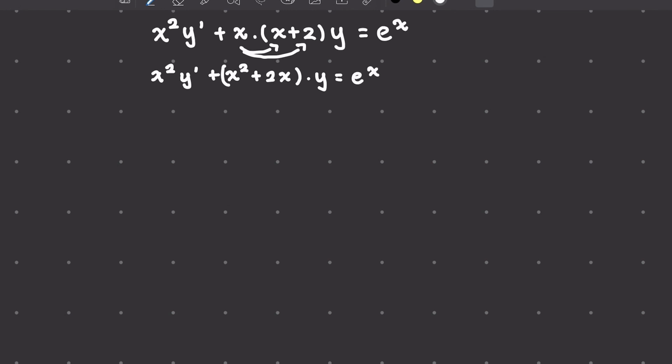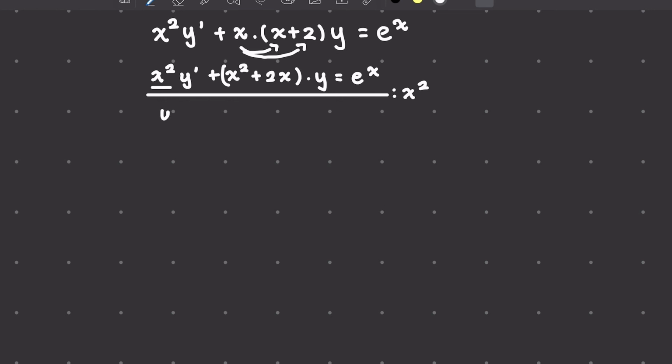And you'll see that we have this x squared in front of y prime, which is not allowed in a linear differential equation, because in front of the derivative of y, or y prime, there must be a constant of 1. So you need to divide everything here by x squared.